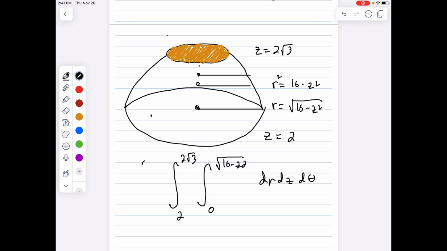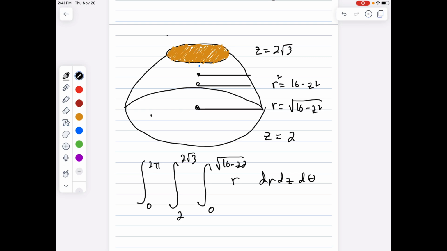And then last but not least, theta goes all the way around from 0 to 2 pi. And don't forget you have an r in the integrand whenever you integrate in cylindrical coordinates. It's r, and then the d's follow from there. So in this case, dr dz d theta, but you would still have the r if it was dz dr d theta or any combination thereof. Okay, so that would be my integral.